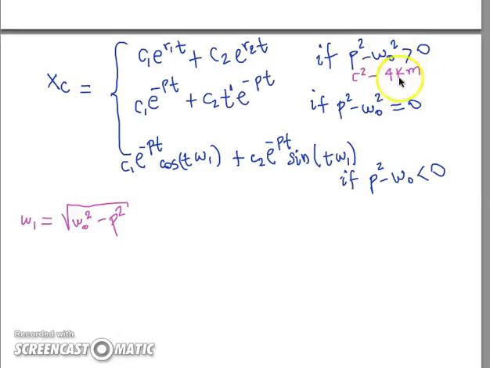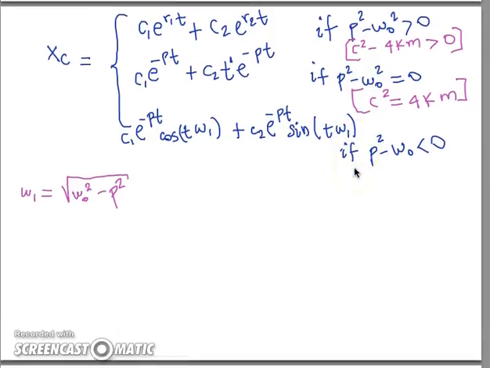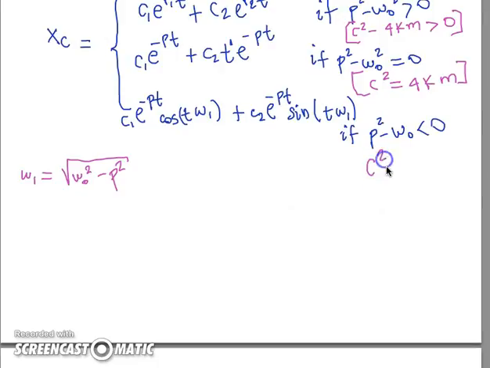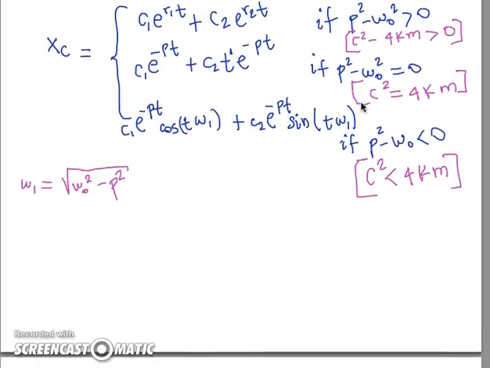These two things are equivalent, as they come out of the argument of the square root in the quadratic formula for finding roots of such a quadratic. So saying this quantity is positive is equivalent to saying c squared is greater than 4km, the first scenario. The second scenario is equivalent to c squared equals 4km, and the last scenario, as you may imagine, is equivalent to c squared less than 4 times k times m. So you can write one condition or the other, they are equivalent.